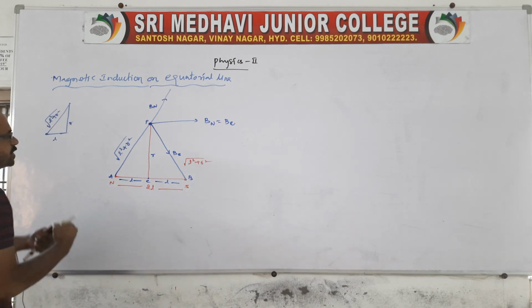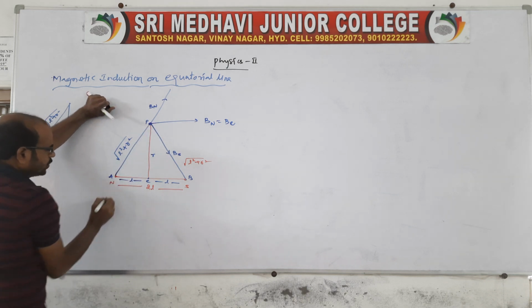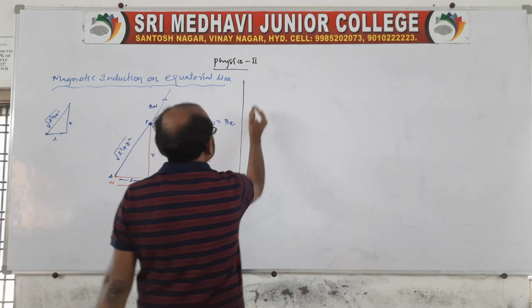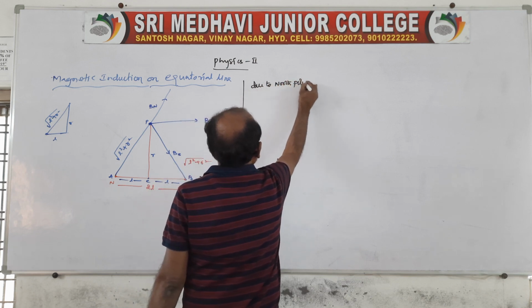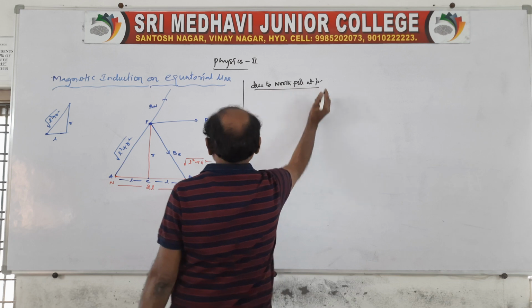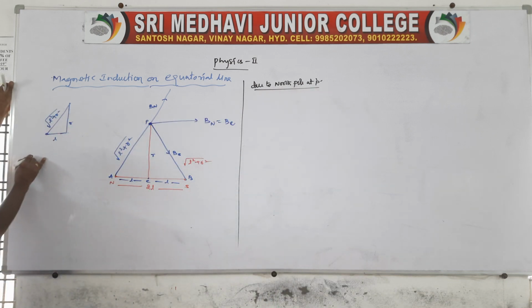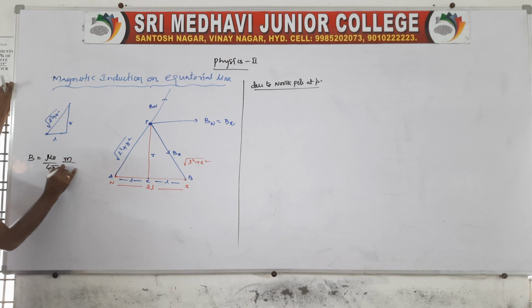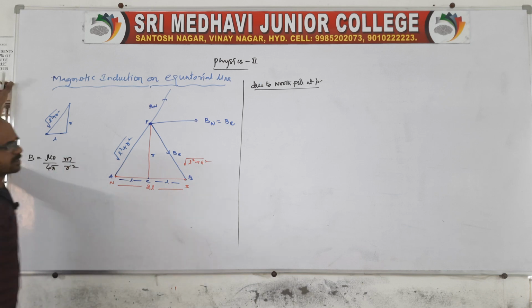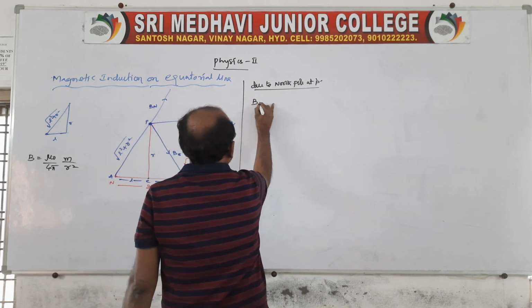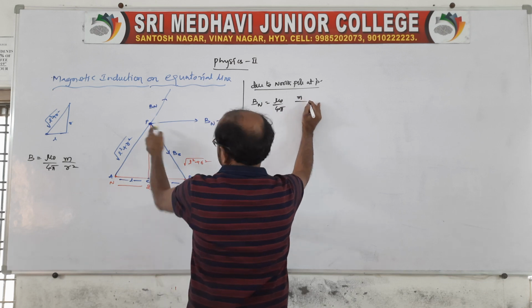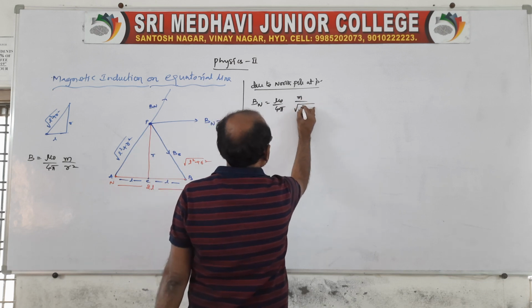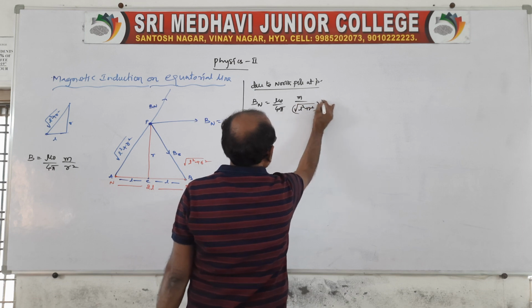Now we need to find the magnetic induction due to the north pole at P. We know the magnetic induction due to an isolated pole is mu naught by 4 pi into m by r square, the distance square. Here also, B north is mu naught by 4 pi into m by this distance square, that is root over L square plus R square, whole square.